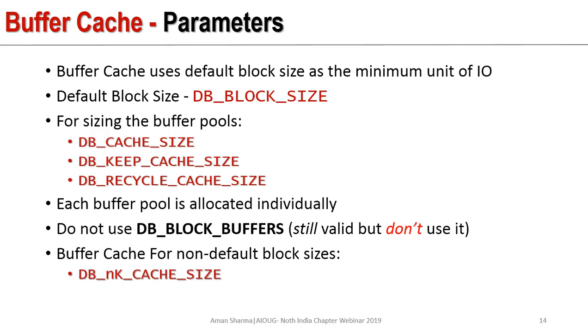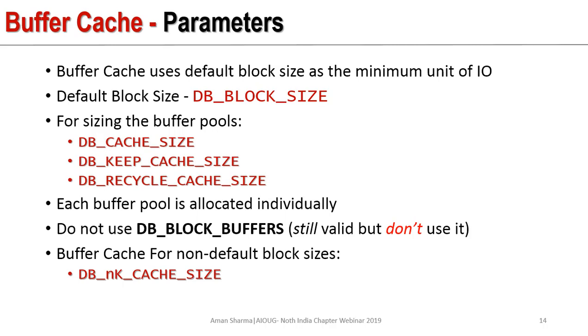The minimum unit of I/O for the buffer cache is the DB block size. The DB block size, as you must already know, is either 8 KB or whatever size you set while the database is being created. You set it one time. It's not a changeable parameter, and it is applicable to your entire buffer cache.